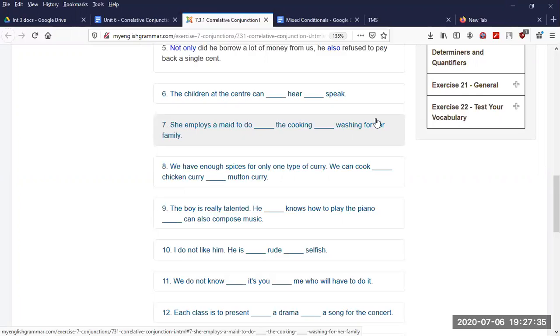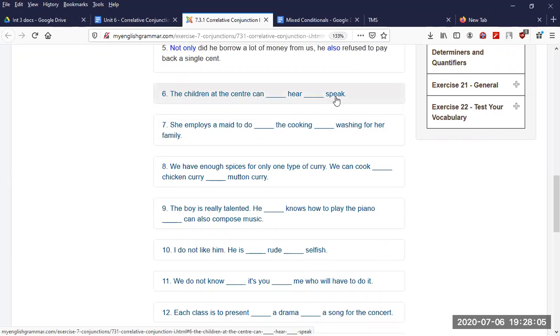We'll go to number 9 or 10. The children at the center can something hear, something speak. Okay, so we have these two verbs that we need to join.